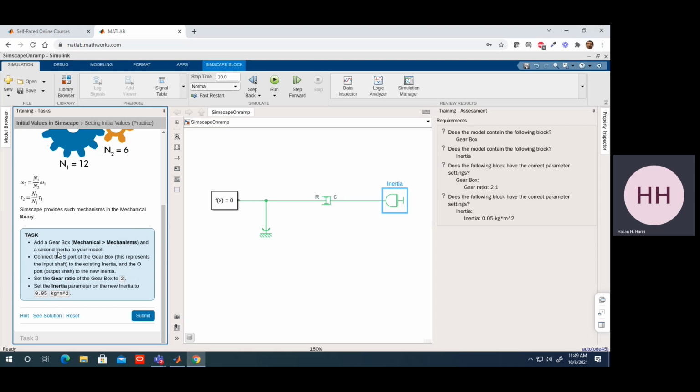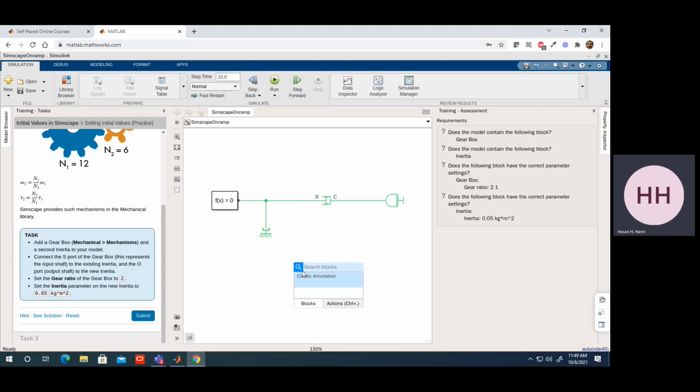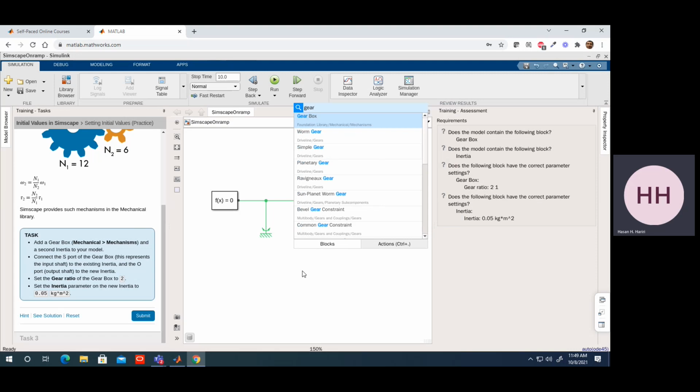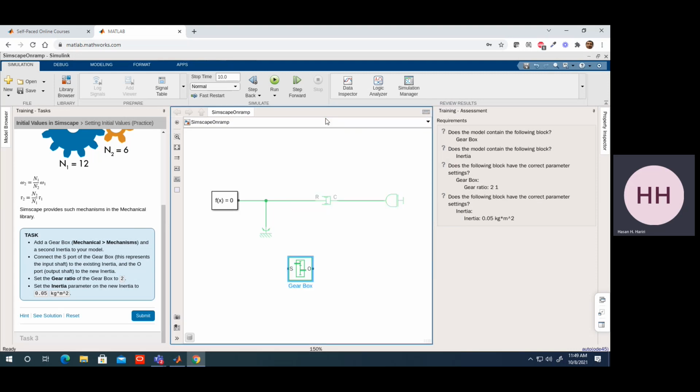So here they ask us to add a gearbox, a mechanical mechanism, but I will go and add it directly. Alright, this is a gearbox symbol in MATLAB.